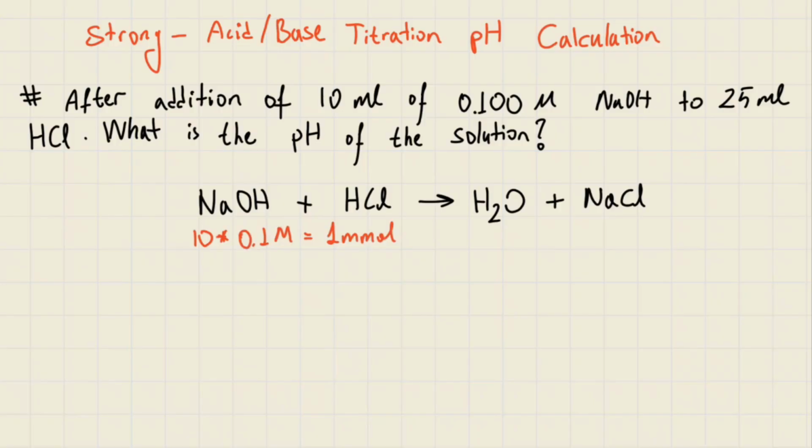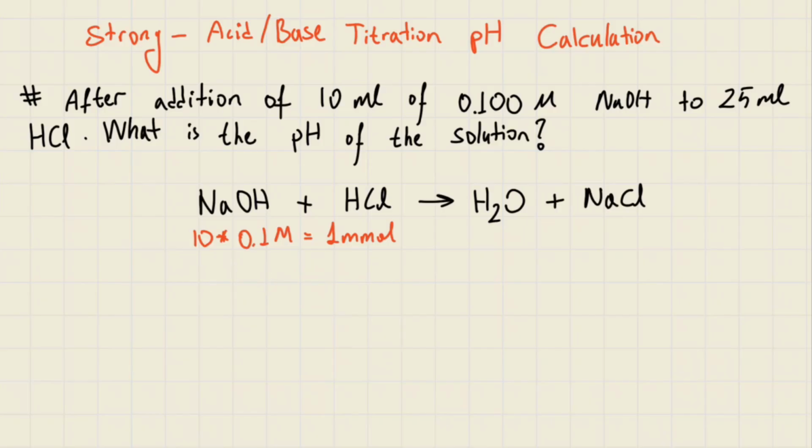So this is the mole of the sodium hydroxide. But if you want to use the mole, you can definitely multiply it by 10 to the minus 3. So in this case, 1 millimole is equal to 1 times 10 to the minus 3 mole. But I will use the millimole just to make the calculations easier in this video.